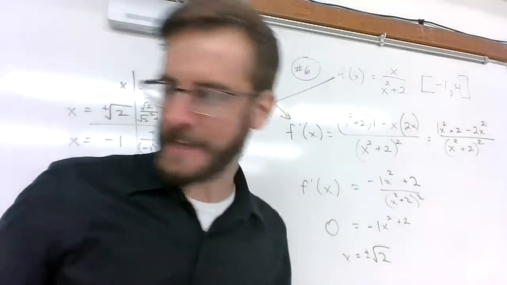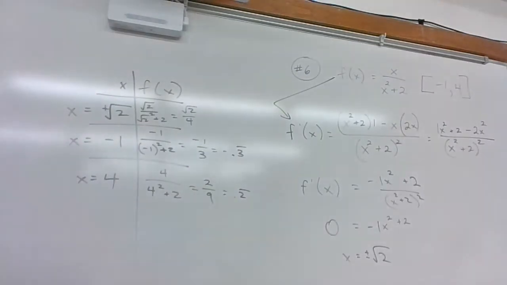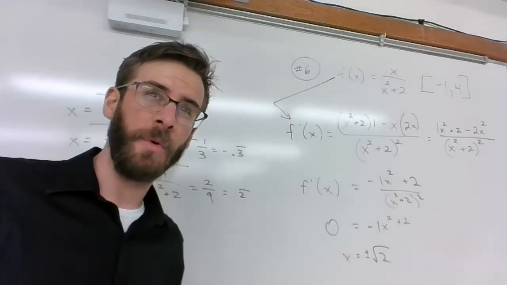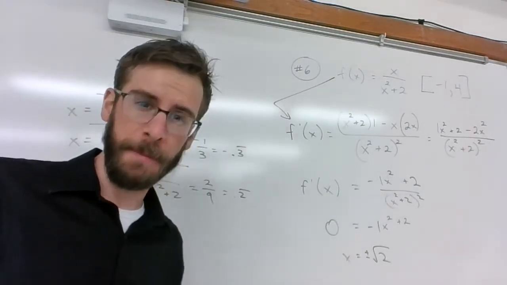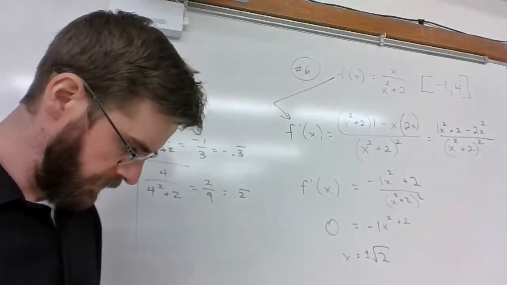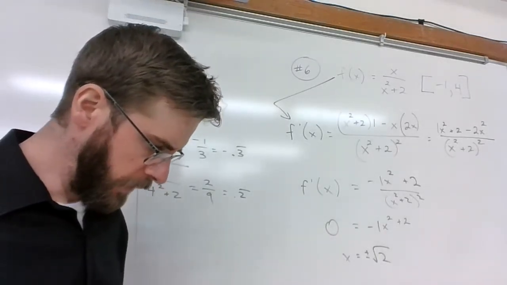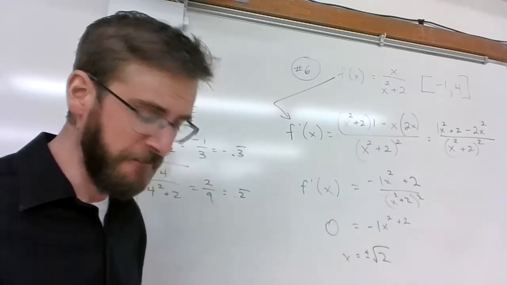If I had to take a guess though, where's my calculator? If I had to take a guess, I'd probably say it's somewhere around, let's see, 1.4, that'd be 0.7, probably 0.35. Root 2 divided by 4 is 0.354.